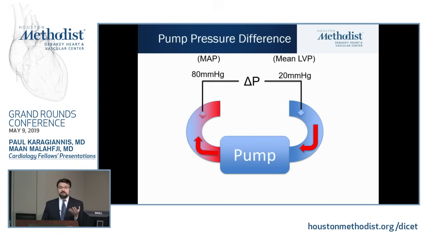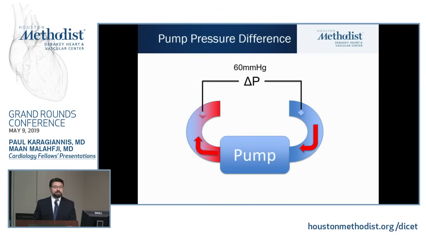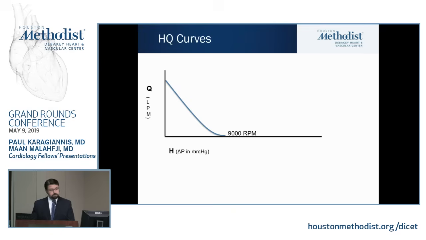What matters is the absolute pressure difference. So if we analogize the afterload as the MAP, say I have a MAP of 80 and a mean LV pressure, or preload, of 20, all that matters to the pump is the 60. And it's this pressure differential that's going to be driving the flow through the pump.